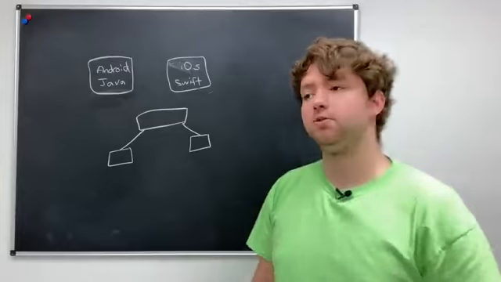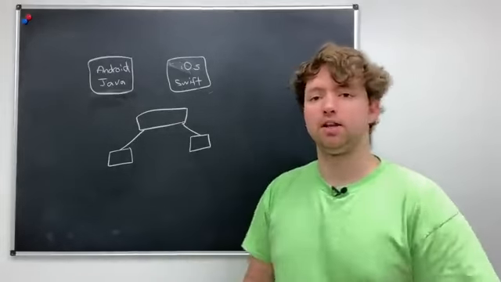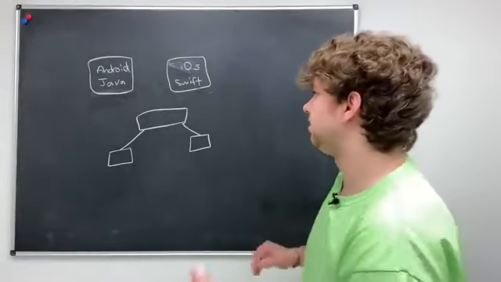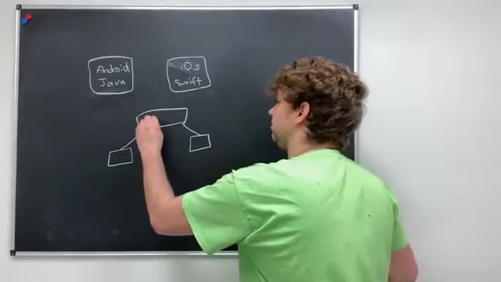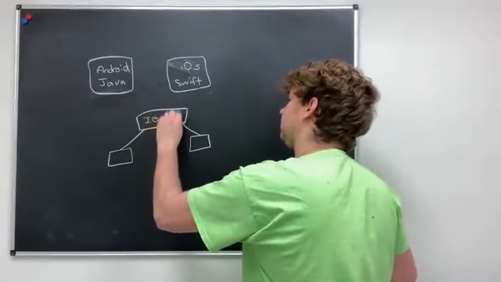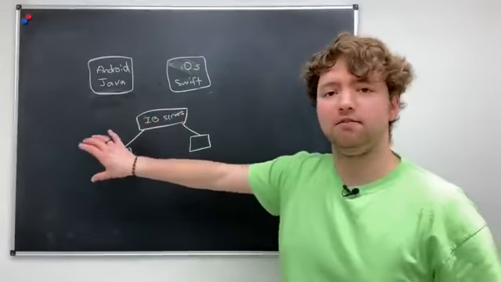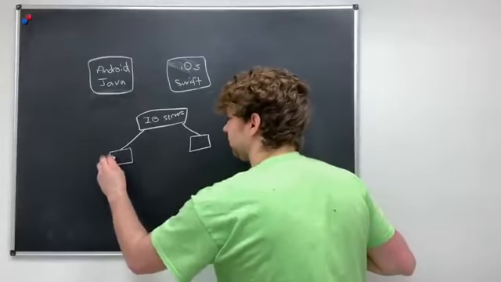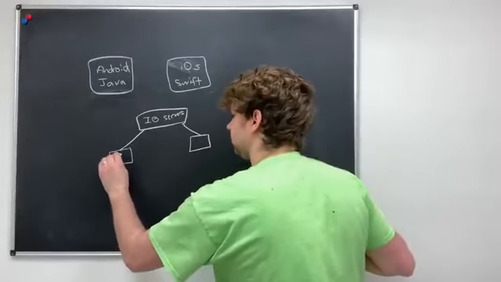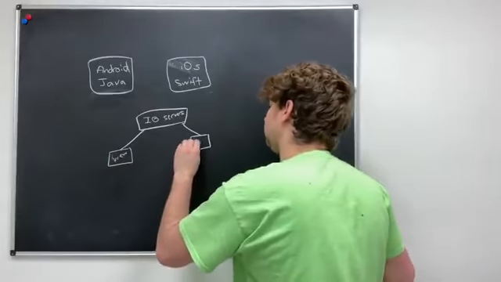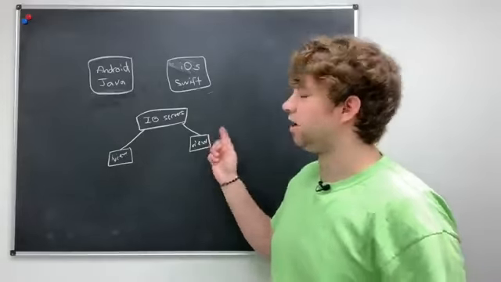So for example, if you're using an application, like let's say you go on Instagram, this might be Instagram's servers. And then you just have a viewer on Android and a viewer on iOS.